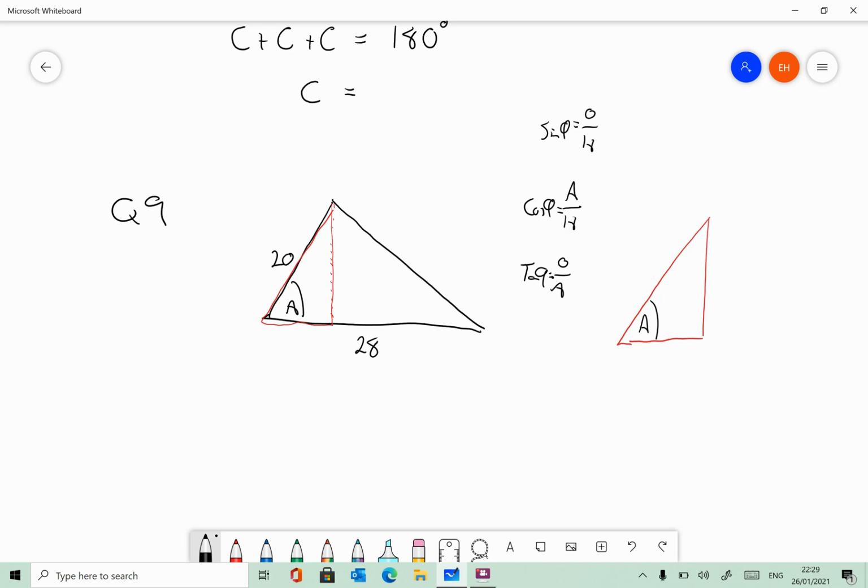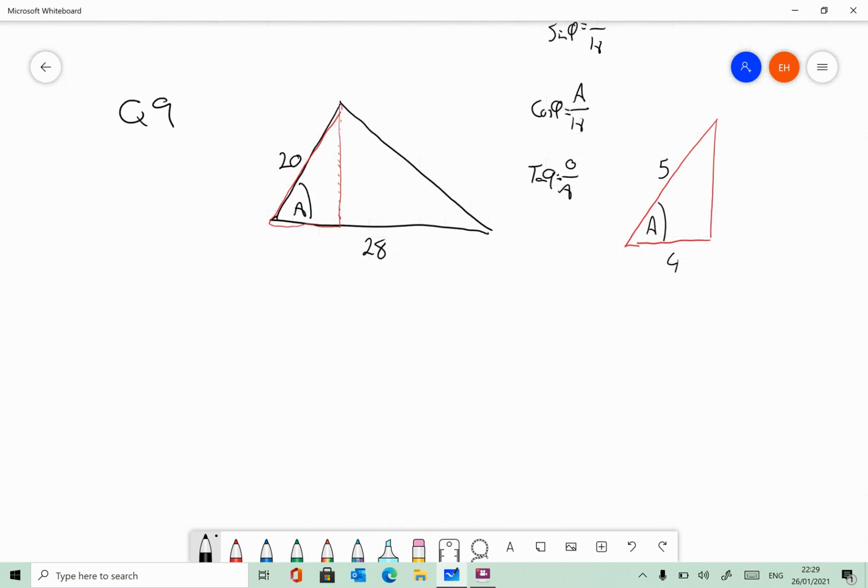Cos of A is 4/5 and cos theta is adjacent over hypotenuse. So if that's 4, then that must be 5. Adjacent over hypotenuse, yeah. But for our question, we're not really interested in cosine, we want sine.